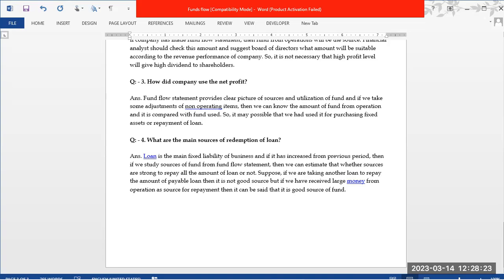Suppose we are taking another loan to repay the amount of payable loan, then it is not a good source. But if we had received large money from operation as a source of repayment, then it can be said that it is a good source of fund.